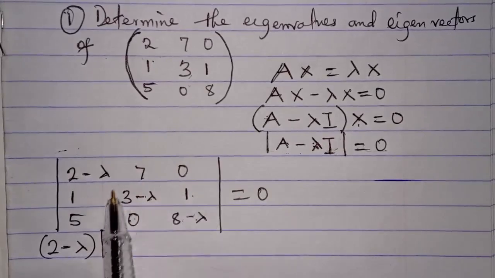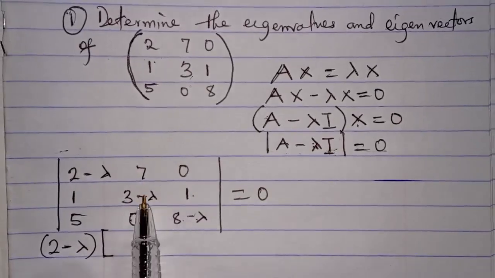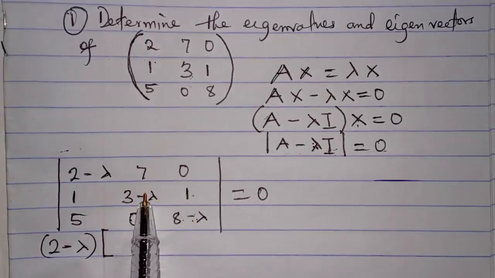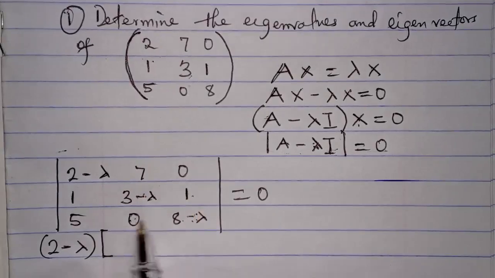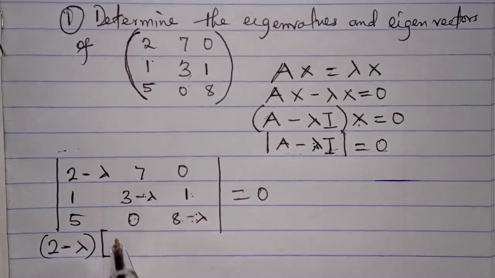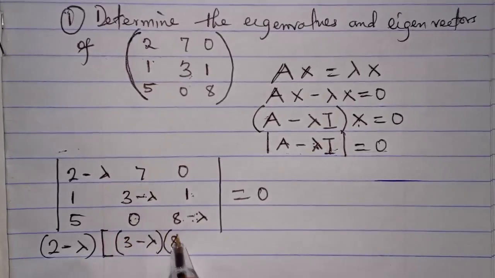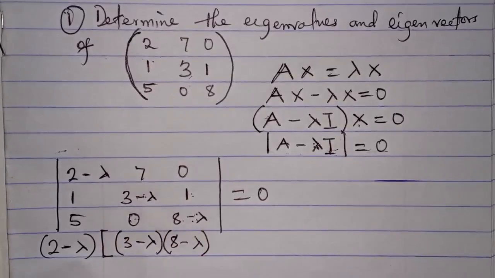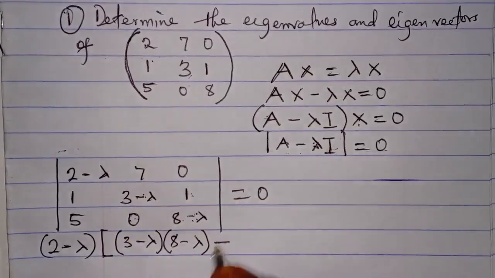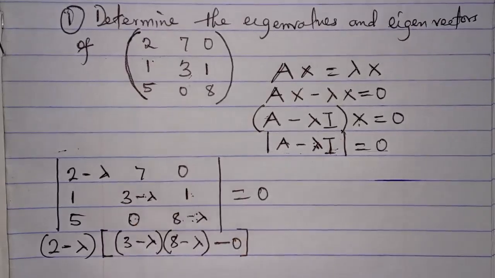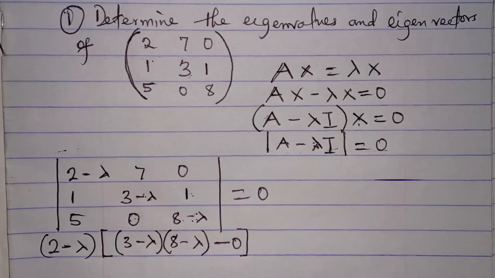And the determinant of this matrix is obtained by multiplying this and this minus this and this. 3 minus lambda times 8 minus lambda, all right, minus 0 times 1 is 0. We've done determinants of 3 by 3 matrices already. It is on this channel. You can watch it to understand better.